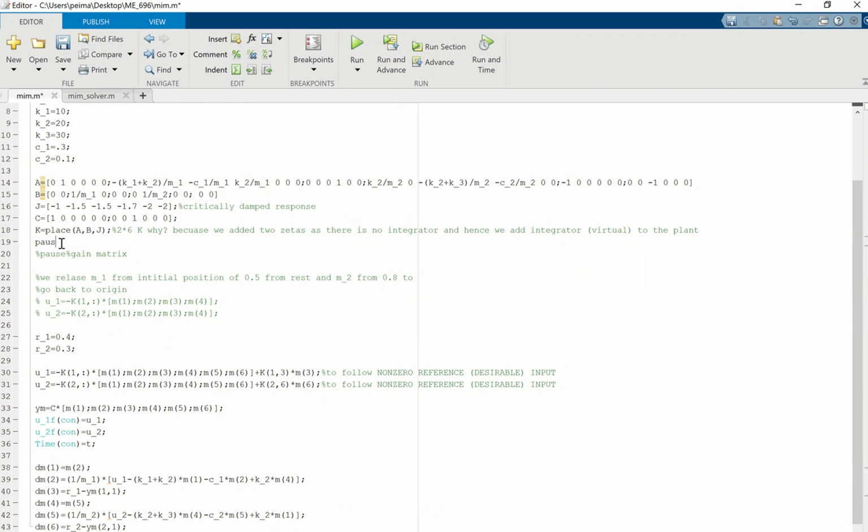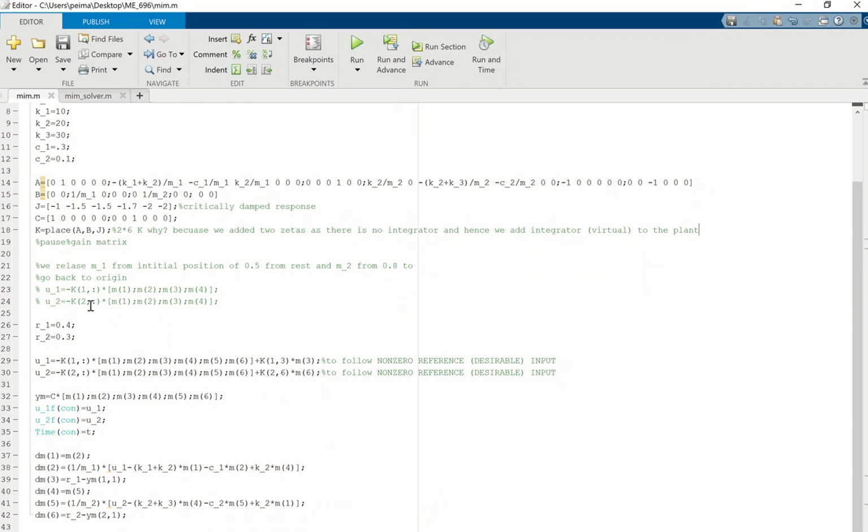Understand? Moving on, pause. So we have K, and these are our R1 and R2. Now you have to modify your U. See, U is minus K x, but your new X has 6 state variables. That's right. x1 is the position of mass 1, x2 the velocity of mass 1. x3 is zeta 1. x4 is the position of mass 2, x5 the velocity of mass 2. x6 is zeta 2.